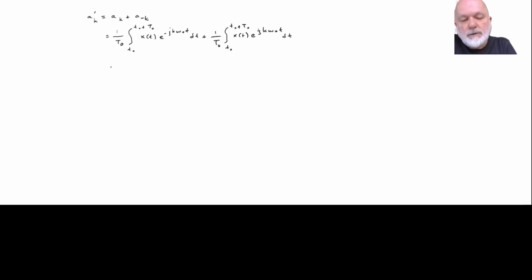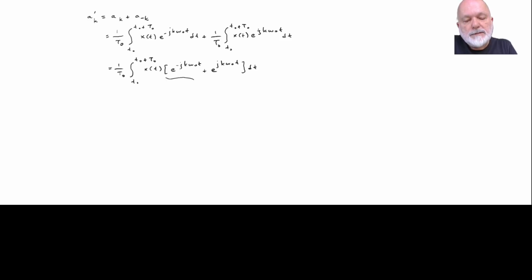Okay, so we can combine these two expressions as follows: 1 over T0, the integral over a period from an arbitrary t0 to t0 plus capital T0 of x of t times e to minus jk omega 0 t plus e to jk omega 0 t with respect to t.